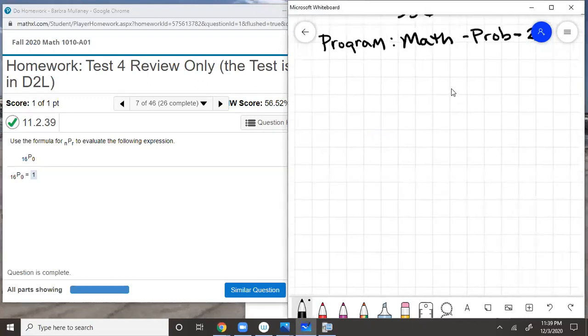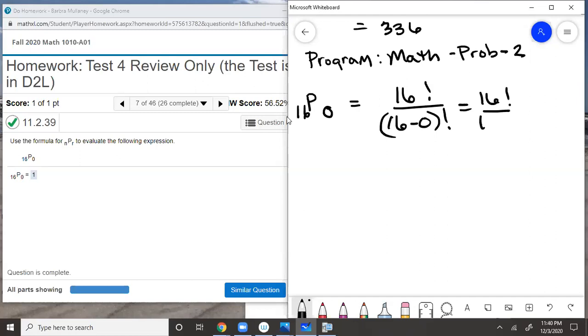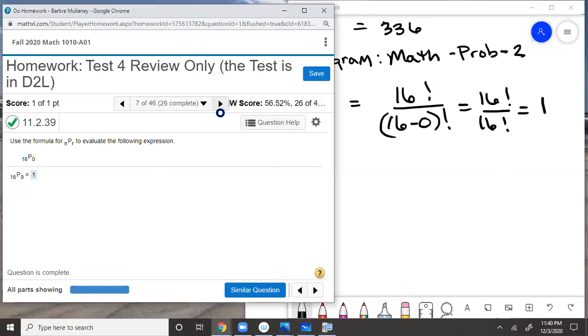Now, the formula will be pretty trivial because the number of ways of taking 16 items 0 at a time, there's only one way to do this. 16 factorial all over (16 minus 0) factorial, which is 16 factorial divided by 16 factorial, and we know any number divided by itself is 1. Okay, so we could punch that on the calculator, but I could save that for another problem.